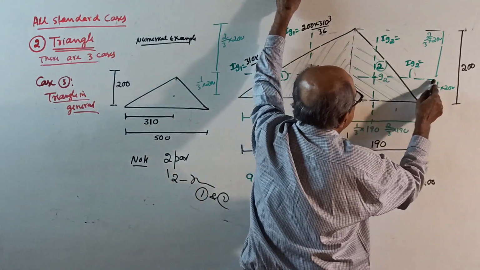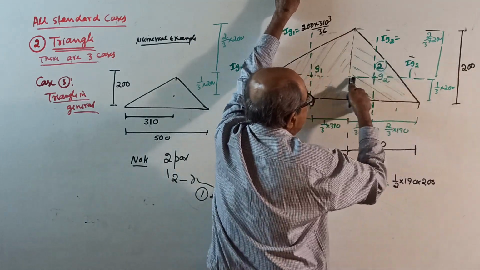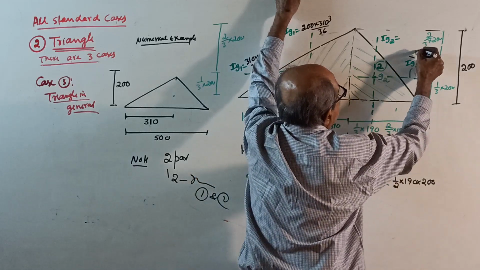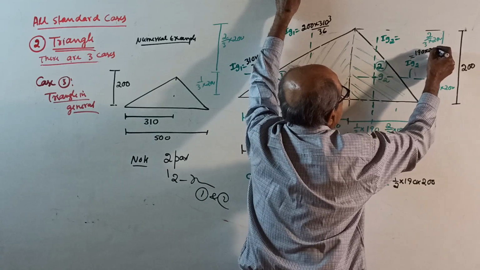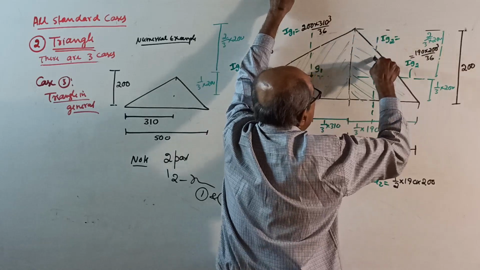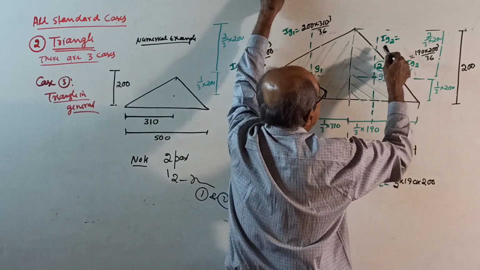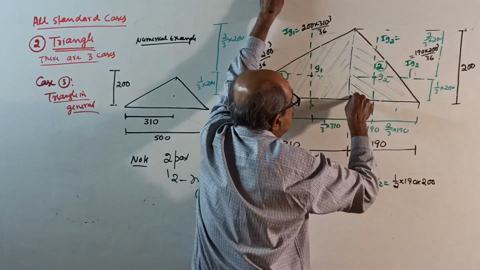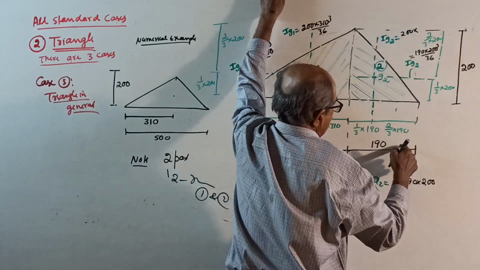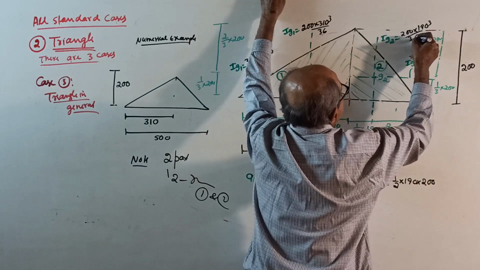This IG1 is 190 into 200 cube by 36. IG2, for the second one, is 200 into 190 cube by 36. This way do it.